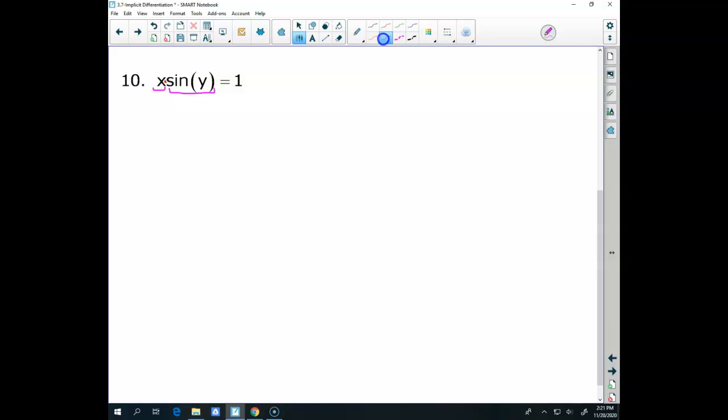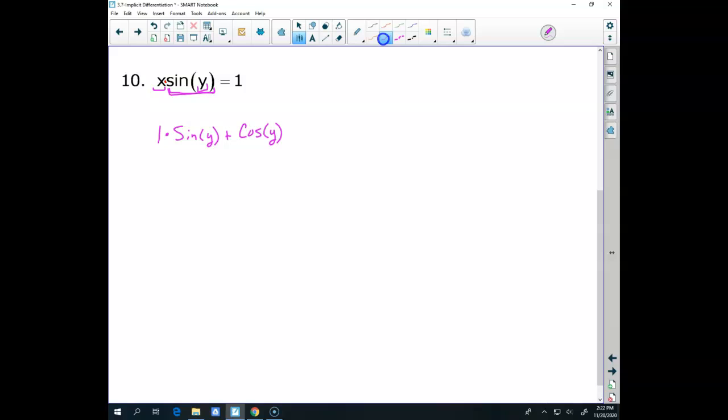The derivative of that first term is 1 times the second term, which is a sine y. Okay? That plus the derivative of sine y. Derivative of sine is cosine, that same thing.